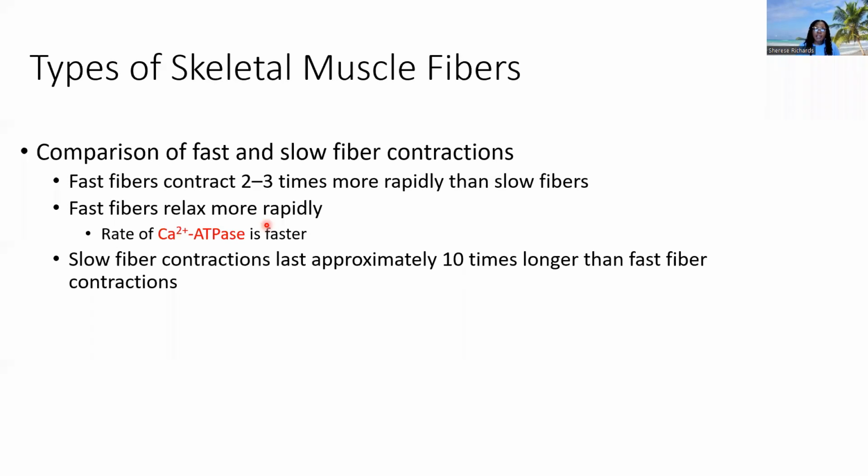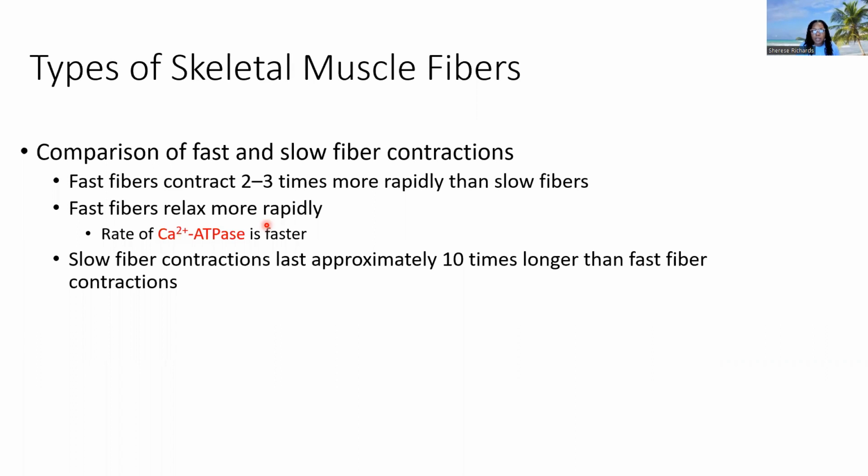So if I have calcium ATPase pumps that are faster and they can clear the cytoplasm of that calcium much more quickly, that is going to allow the muscle to relax much faster. And so it's going to actually allow the muscle to contract more quickly in terms of stimulating the next upcoming contraction.